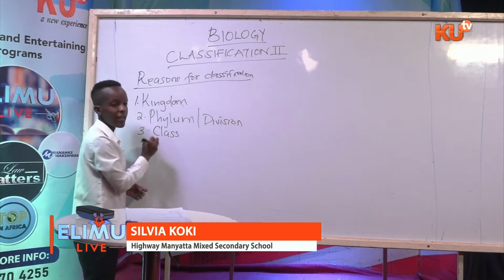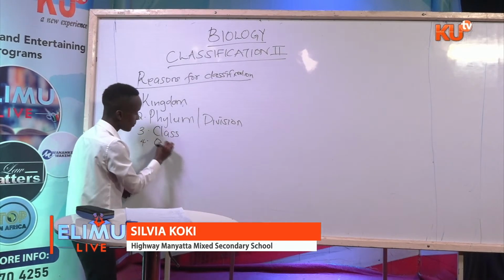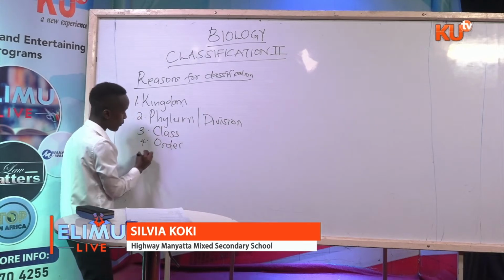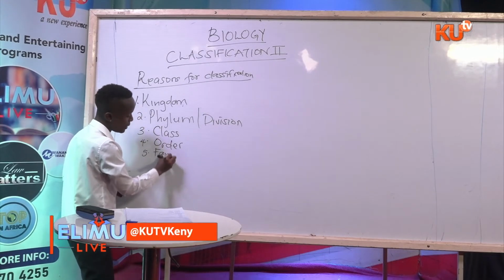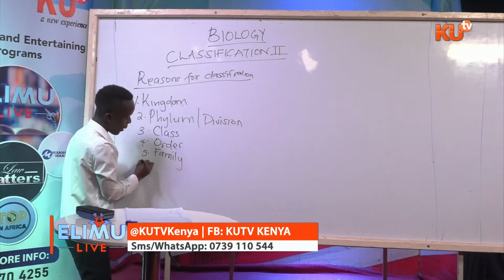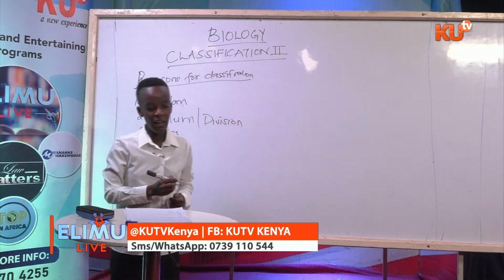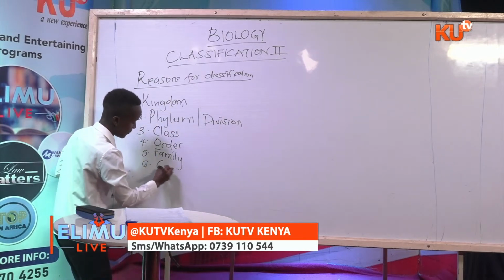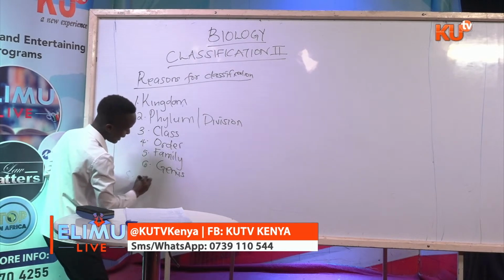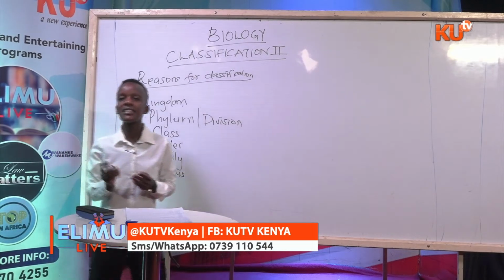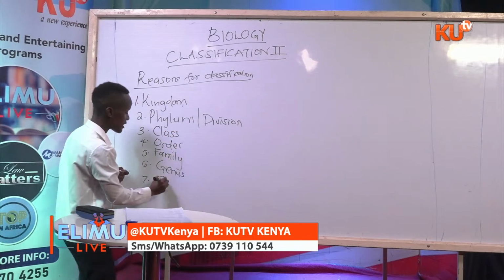Our fourth one is order. Our fifth is family. Our sixth taxonomic unit is the genus. And finally, we have the least taxonomic unit, which is the species.